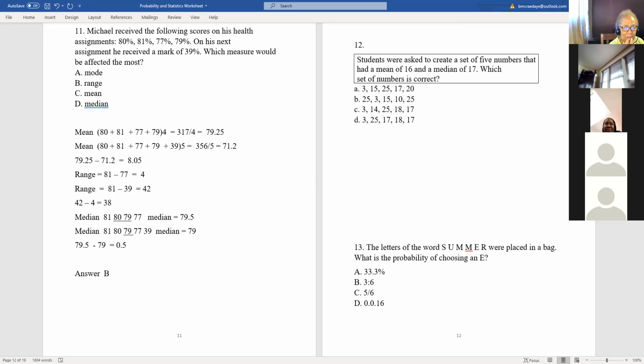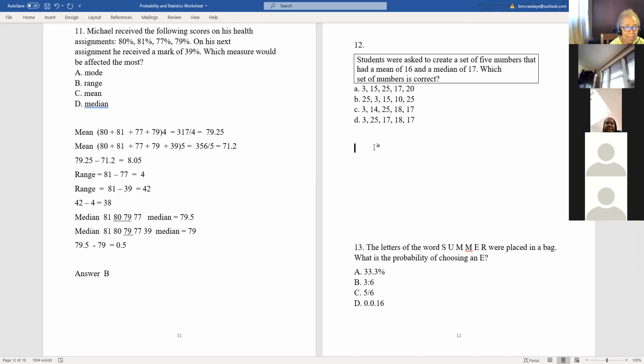But that's not how you do it. The mean is the sum of all the numbers divided by 5. So did you add these up, divide by 5 and get 16? No, I did not. I should have done that. Yeah, but you guessed.